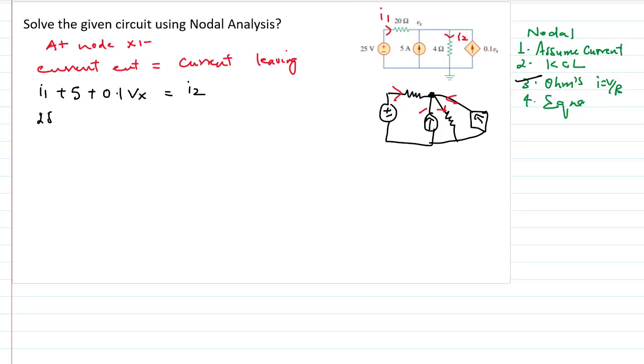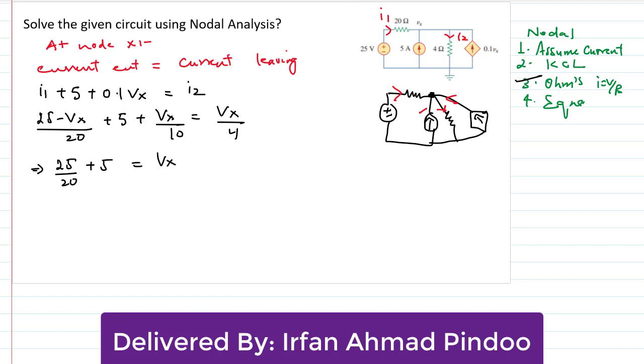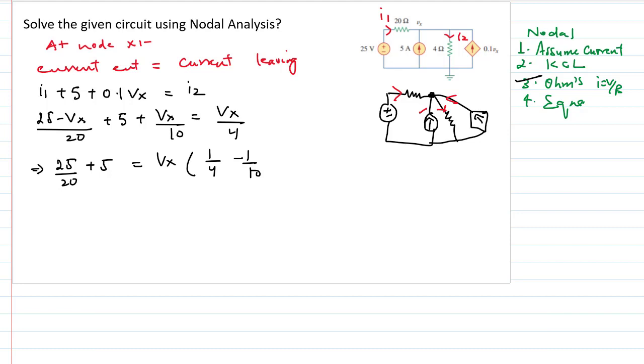So we can write (25 minus Vx) upon 20, plus 5, plus Vx by 10, is equal to Vx by 4. So what we will get then: 25 by 20 plus 5 is equal to Vx times (1 by 4 minus 1 by 10), and this will be 1 by 20. Now you can solve it from here.